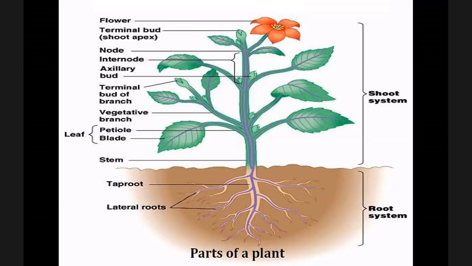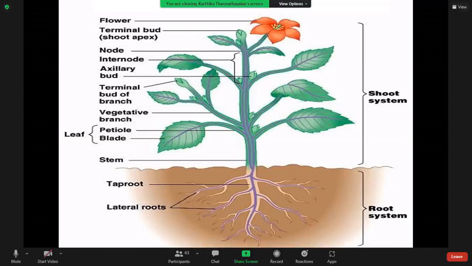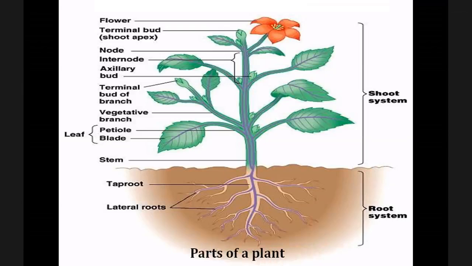Other than that, here the terminal bud and the axillary buds are there. Terminal bud we also call apical bud. Terminal buds occur at the end of the stem, the terminal part, the apex.